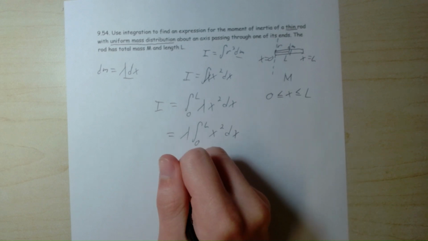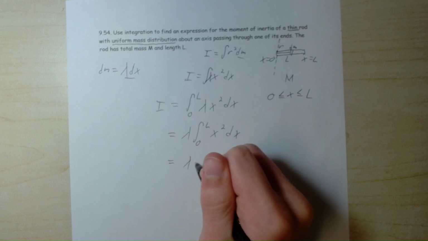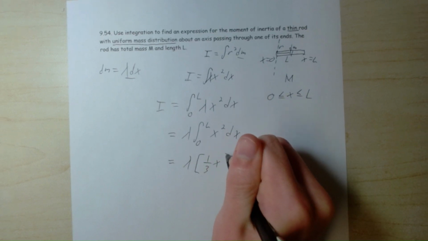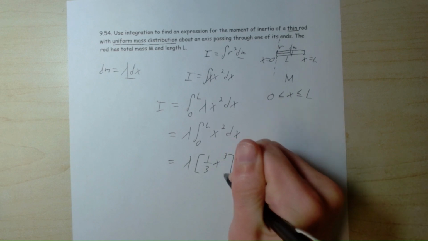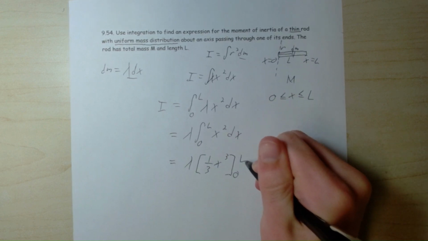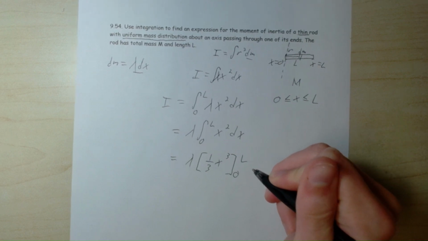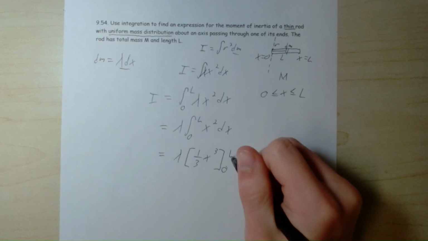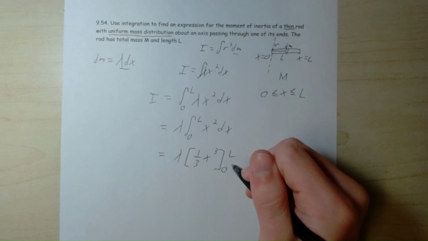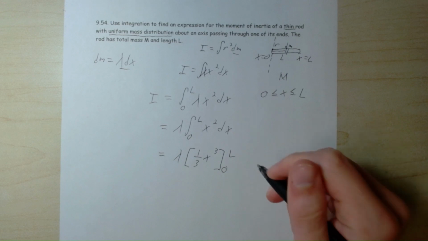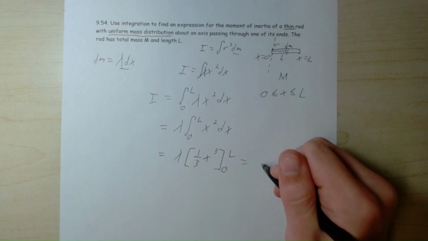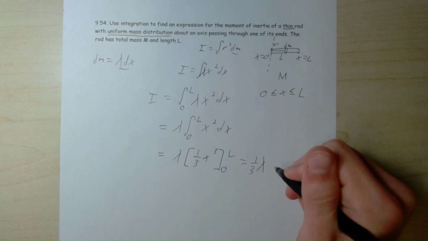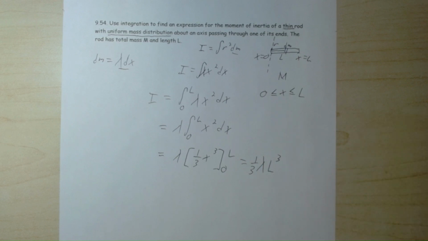So this is lambda times 1/3 x cubed from 0 to L. Okay, so substituting L for x and subtracting from 0 for x, which is just 0, we get 1/3 lambda L cubed.